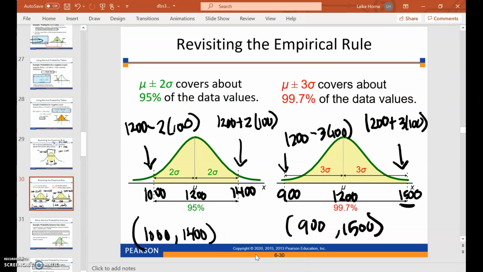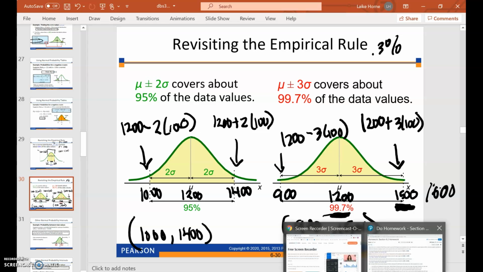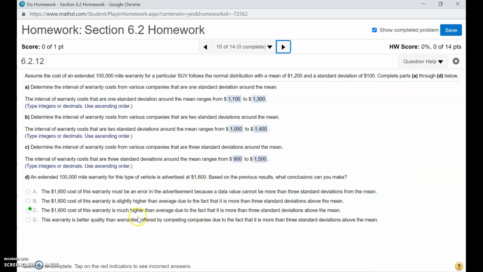We know that 1,500 is 3 standard deviations from the mean, so 1,600 is greater than 3 standard deviations from the mean. 99.7% fall within 3, so this is 0.3%. That means it's way out here, and so the 1,600 is definitely much higher than average, because it is more than 3 standard deviations above the mean.